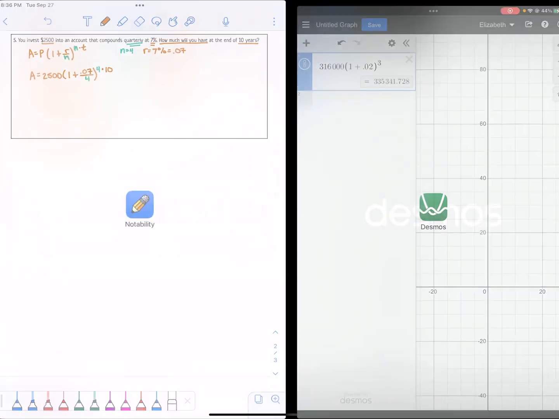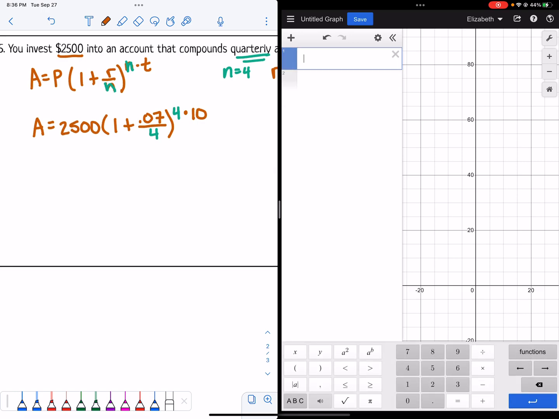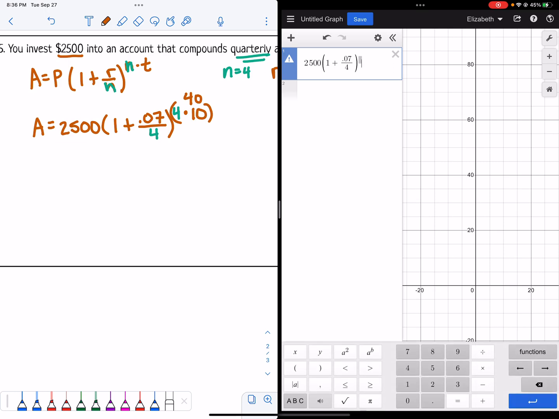Okay, so then just carefully type all of that in the calculator again. So we have 2,500, 1 plus 0.07 divided by 4. So notice just that part is divided by 4, and then we need an exponent. And right there, I would go ahead and multiply these two together and put 40. Or you've got to group those two in the exponent with another set of parentheses.